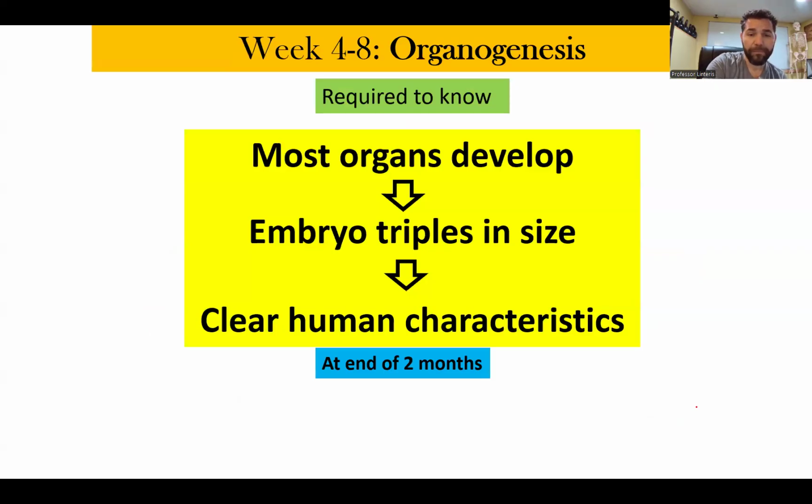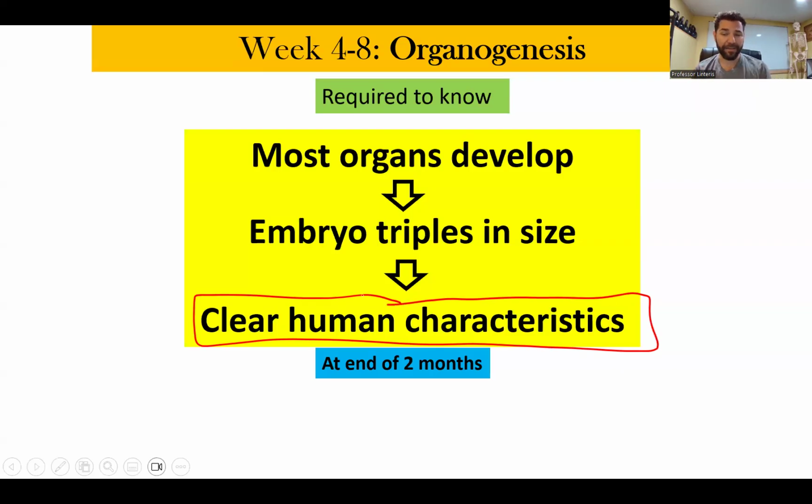We have other organogenesis, right? Other organs will be formed. Some of that tissue specializes, starts to grow via its pre-programmed genetic establishment. And you start to have clear human-like characteristics at the end of 2 months.